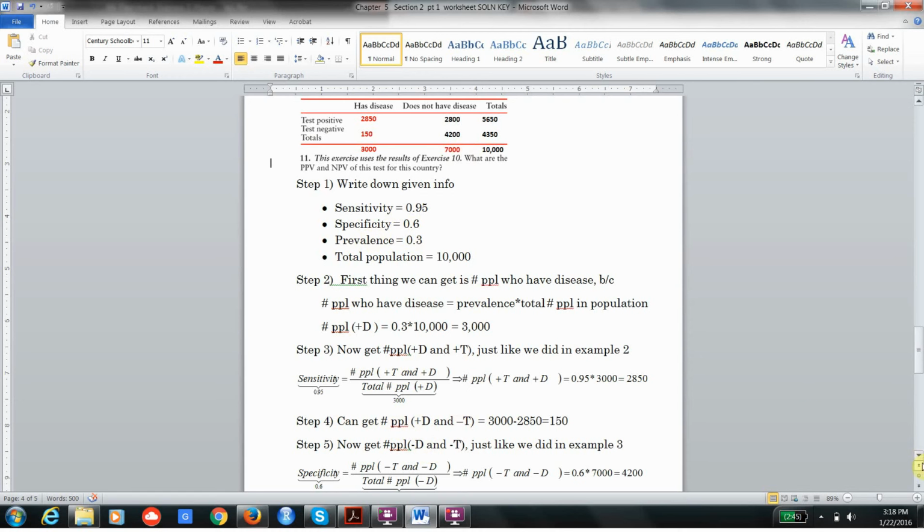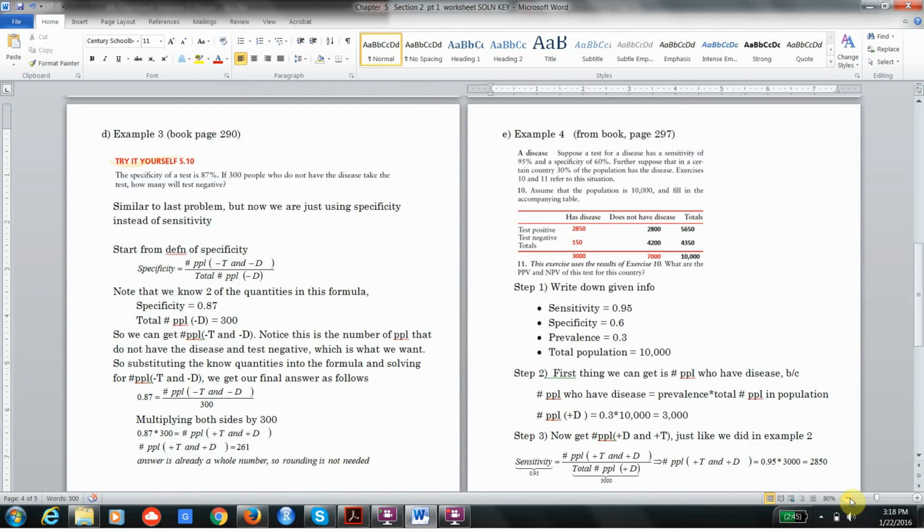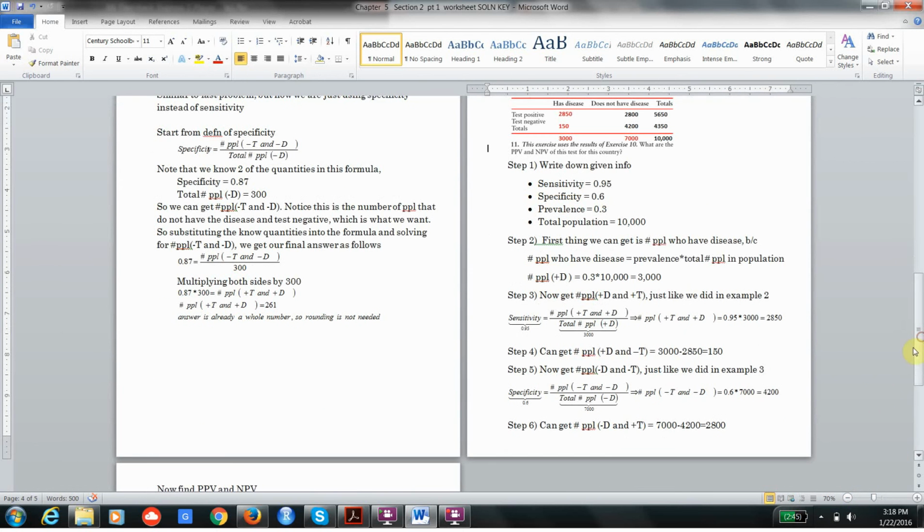And so doing the same sort of manipulations I did in example 3, I find out that there's 4,200 people that don't have the disease and have a negative test result. So I get this number right here.